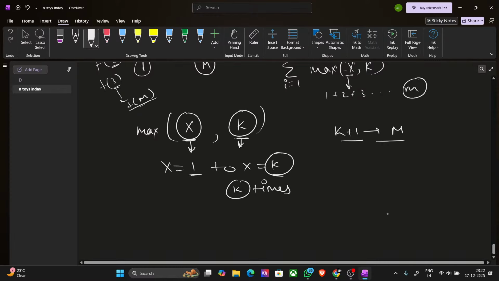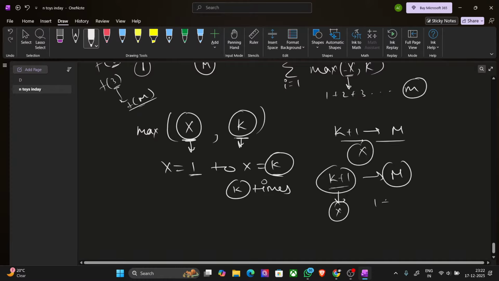For k plus 1 up till m, we can say that now if x lies in this range, we need only the sum of k plus 1 up to m elements, which is easy to count. Sorry, k plus 1 up to m elements where k is the exceeding value of x.